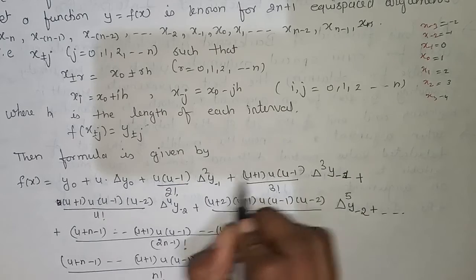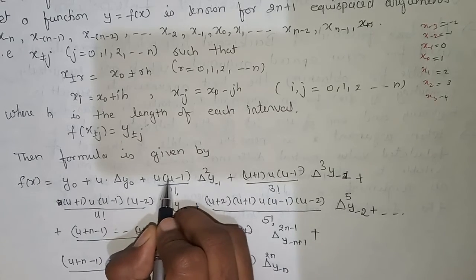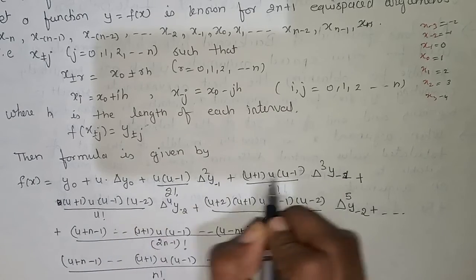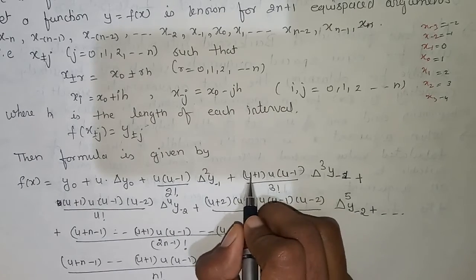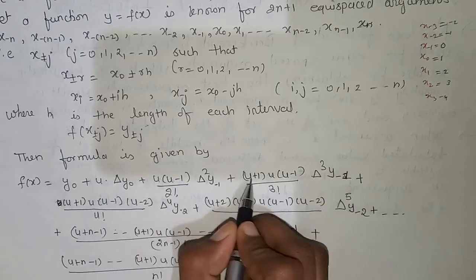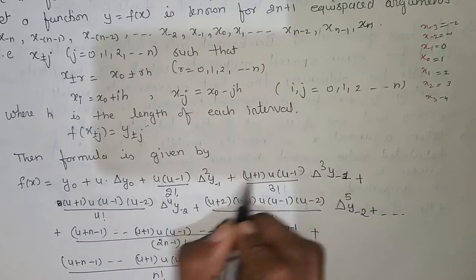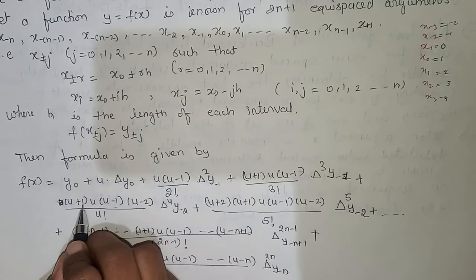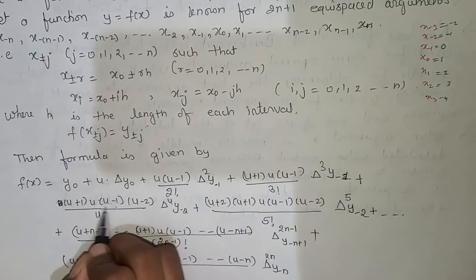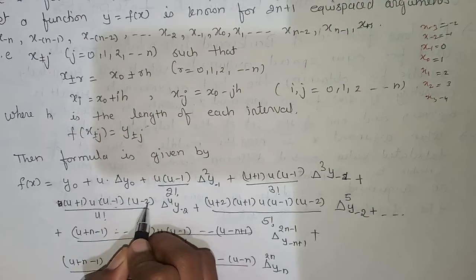So here it was u, and we subtract 1 from u. Next time we add 1 to u, so u into u minus 1 into u plus 1. Again, we have already added 1 to u, so next time we subtract 1 from u. So u plus 1, u minus 1. Now we subtract one more 1, so this becomes u minus 2.